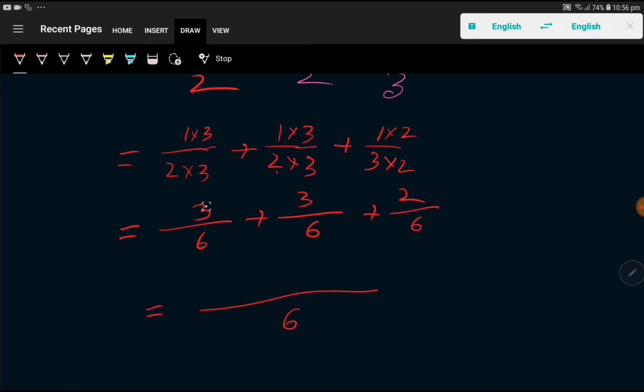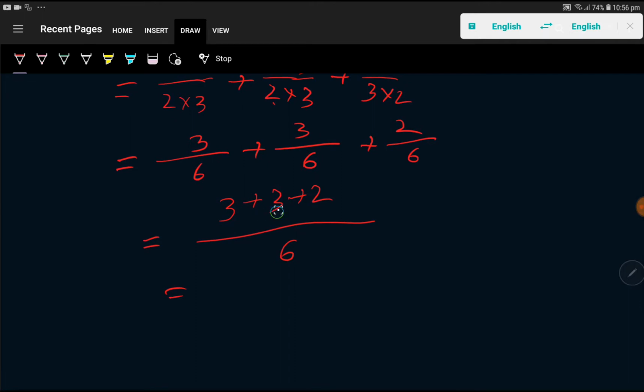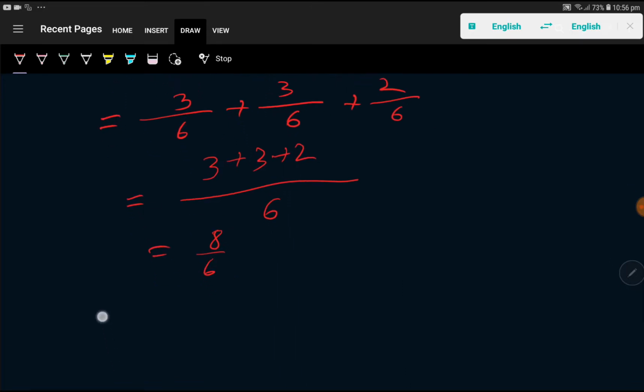And the numerator will be the addition of the numerators. So 3 plus 3 plus 2, that is 8 over 6. So here is the answer.